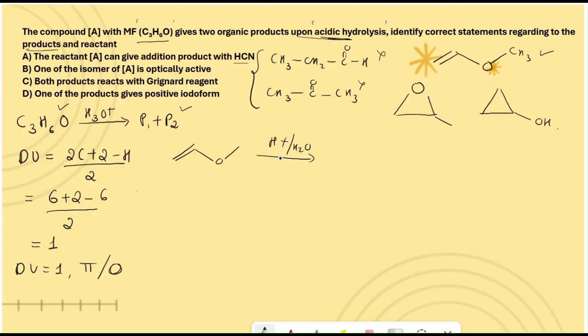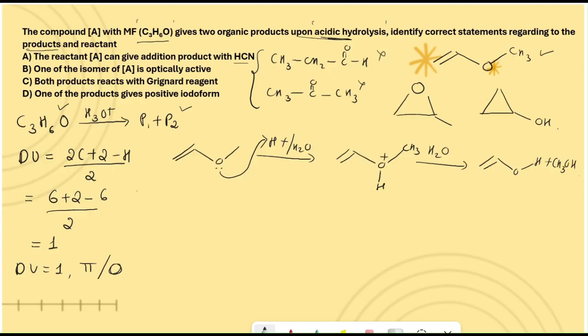When we do acidic hydrolysis, the first thing is protonation. Then the oxygen has a positive charge, which is not stable, so it will undergo reaction with water, and we get an enol and methanol as the other product.